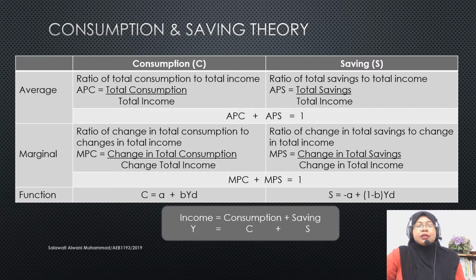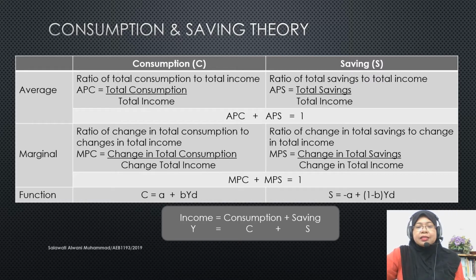Okay, so where to get A? A is the amount of C at the vertical axis. What is B?